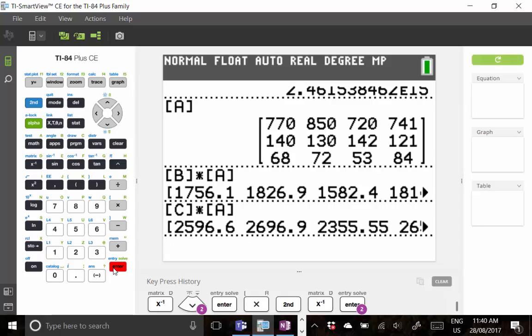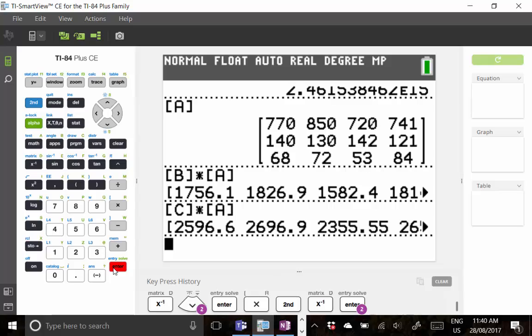So that's actually going to work out how much money I make from all those things there. So remember, B times A tells me how much it costs me to buy all the gear. C times A tells me how much I sell them for, including all the costs.